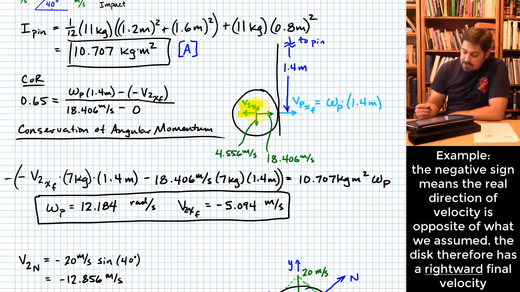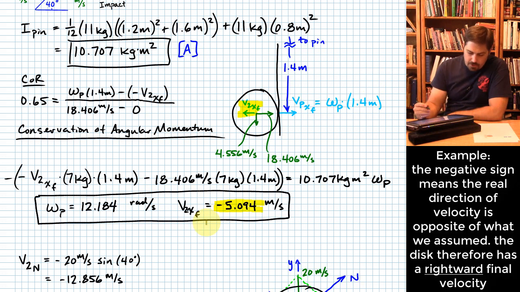It means that after this impact happens, that disk continues to the right. It doesn't bounce to the left, it actually continues to the right. That's what that negative sign means. This one came out positive, which we would expect, that omega is going to be counterclockwise, just like we assumed it would be.